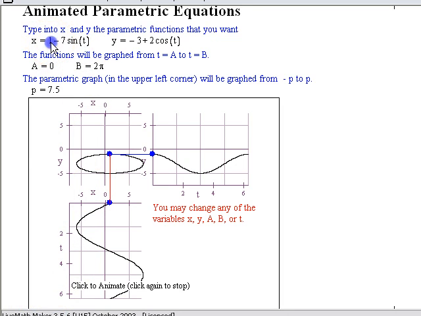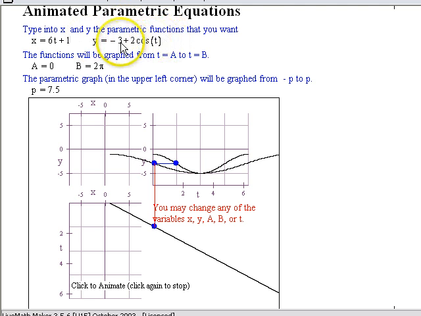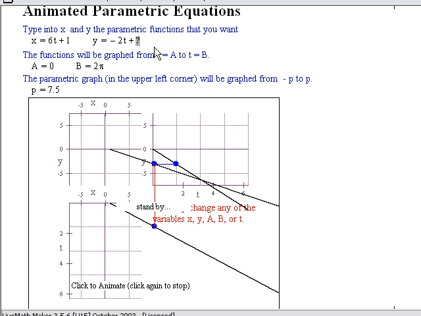This is still the ellipse from the last example here. So we're going to say x is 6 times t plus 1, and y is negative 2t plus 6.